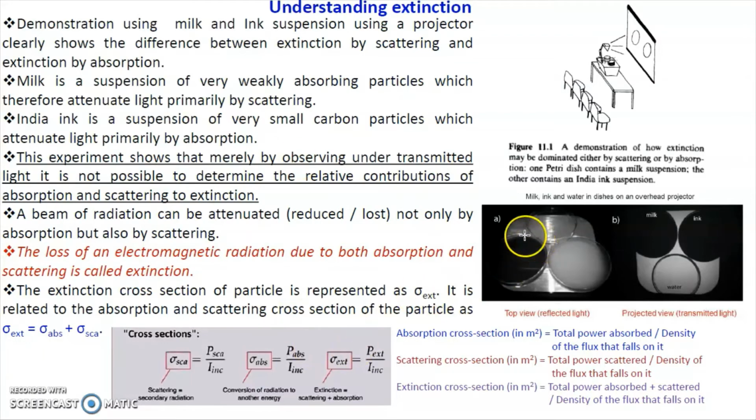So the black color you see in the reflected light is because of absorption. Because the ink is absorbing the light, it has a black color. But milk is not absorbing light, it is scattering light, and therefore what you see is the white color.